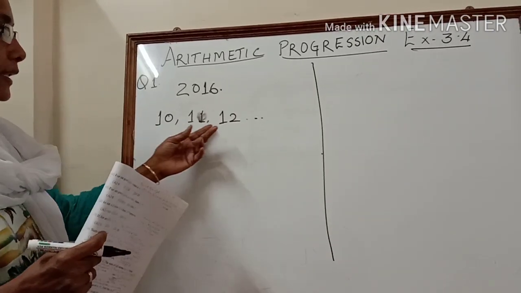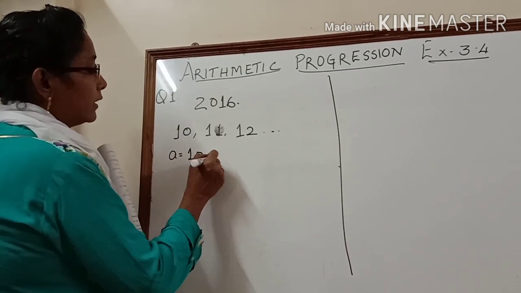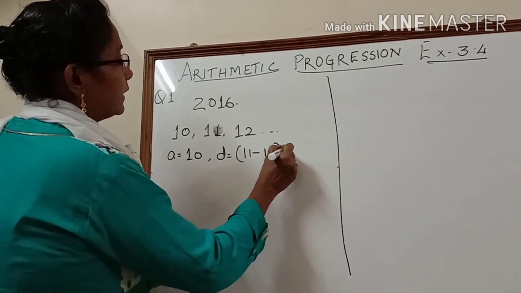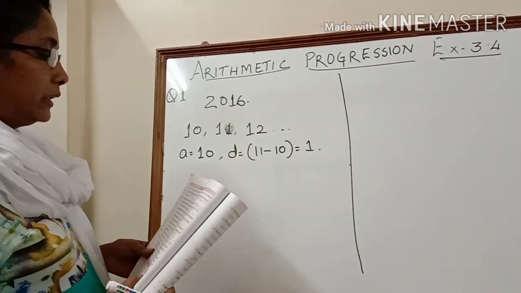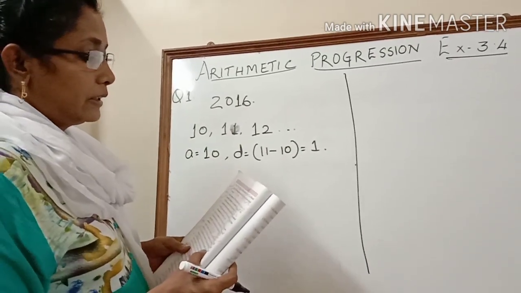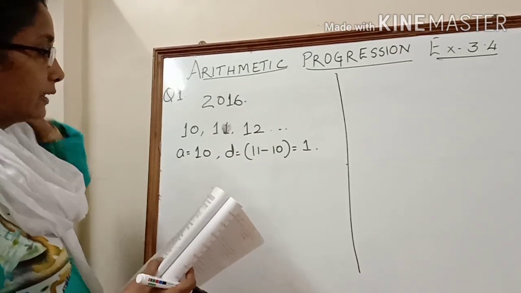That means this is in an AP where a is equal to 10 and d is equal to 11 minus 10 is equal to 1. We have to find what is the total saving on 31st December 2016.